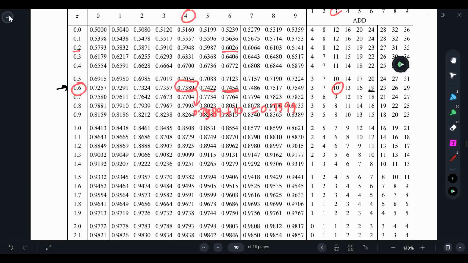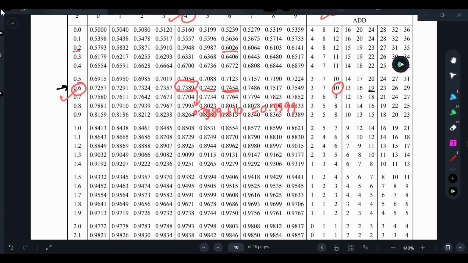I hope that now it is clear. So we have to use these three digits, 0.64 and 3.